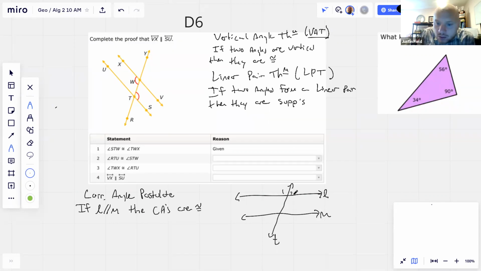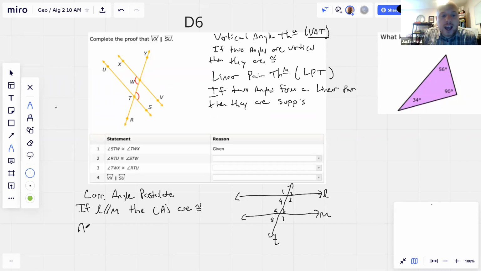And we know from our lesson that we have 8 angles. Okay, so if L and M are parallel, then any two of the corresponding angle pairs are congruent. That's called the corresponding angle postulate. All right, and postulates are things we don't have to prove. Theorems, we have to prove. That is why we have two different words.